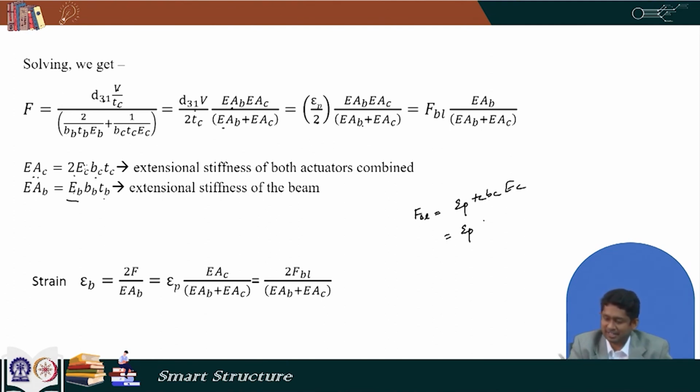So, TC BC EC can be written as EAC divided by 2. So, epsilon p is equal to twice FBL by EAC. If we put it here, then the expression in terms of block force becomes this.